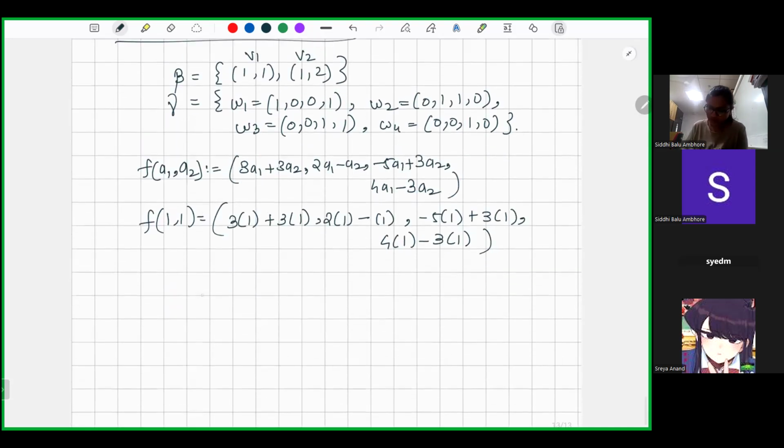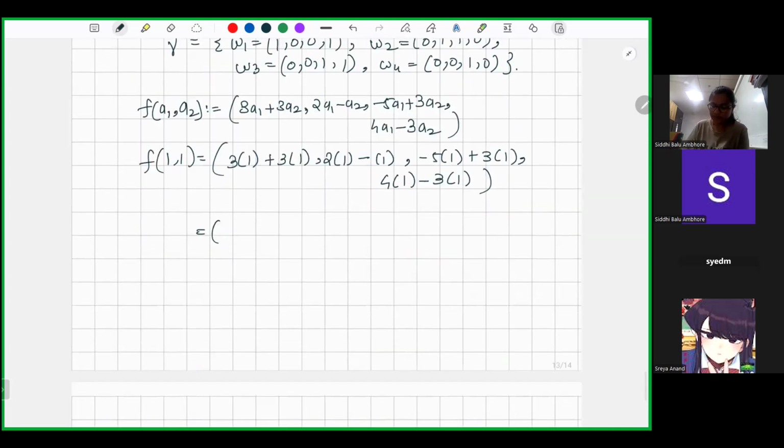This is the image. And its value will be 6, 1, minus 2, 1.